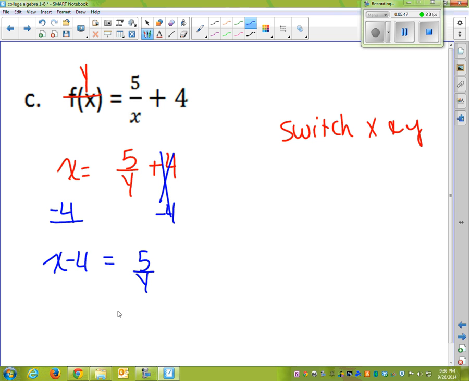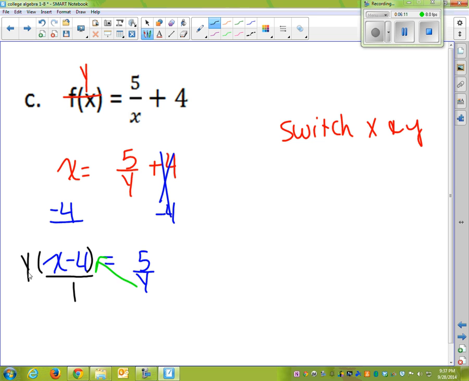Okay, if you can't quite visualize what we should do, this x minus 4 is a binomial, and I can write it as a fraction. I can put it over 1. Because what I want to do is take the y and cross multiply, bring it up to the numerator.